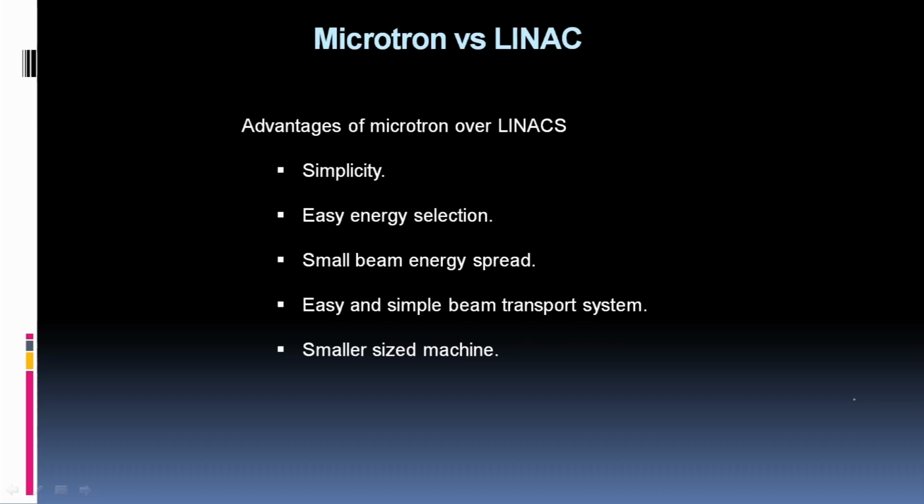The advantages of microtron over linear accelerator are its simplicity, easy energy selection mode, small beam energy spread, an easy and simple beam transport system, and a smaller sized machine, as we have already discussed.